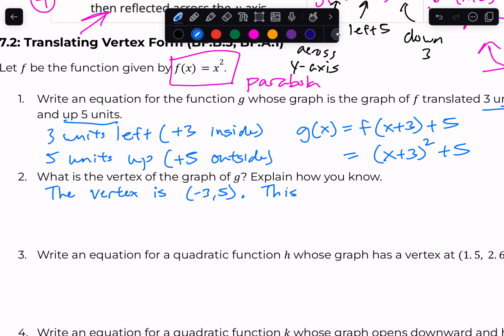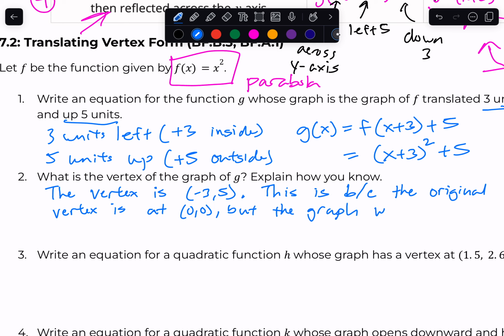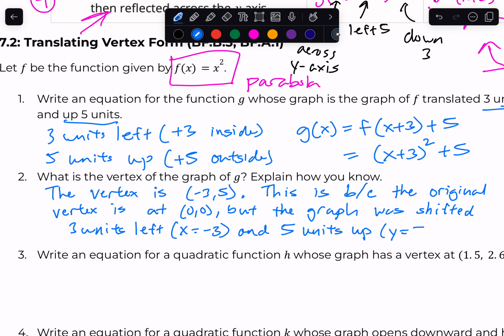This is because the original vertex is at 0, 0, but the graph was shifted, or translated, 3 units left, or x equals negative 3, and 5 units up, which is y equals positive 5.